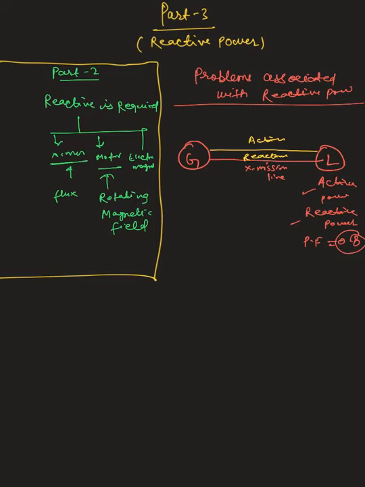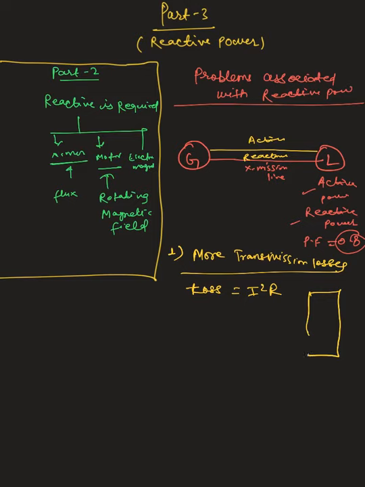Now because of this there are three problems. The first problem is more transmission losses. We know that transmission loss is equal to I squared R. So suppose this is the current that is required for carrying the active power of the load, and this is the current that is required for carrying the reactive power of the load.